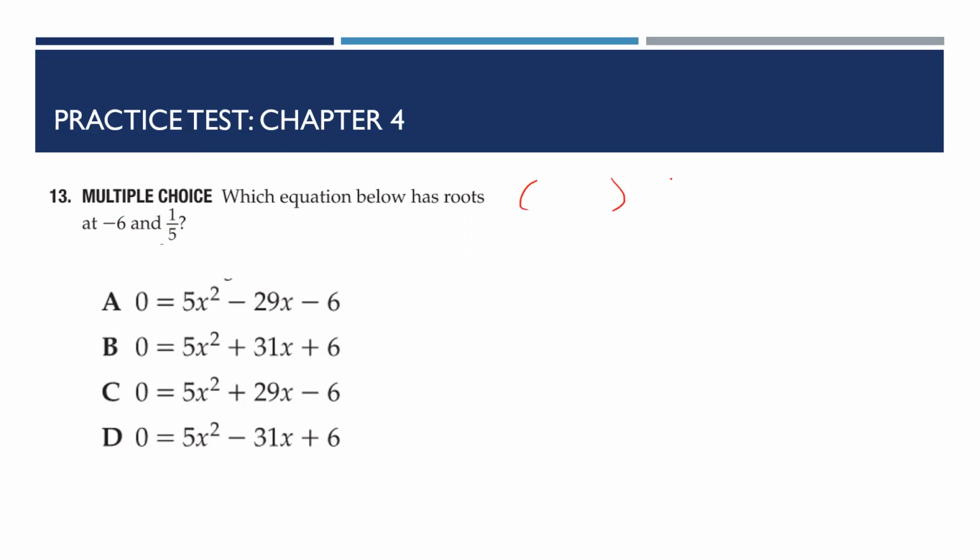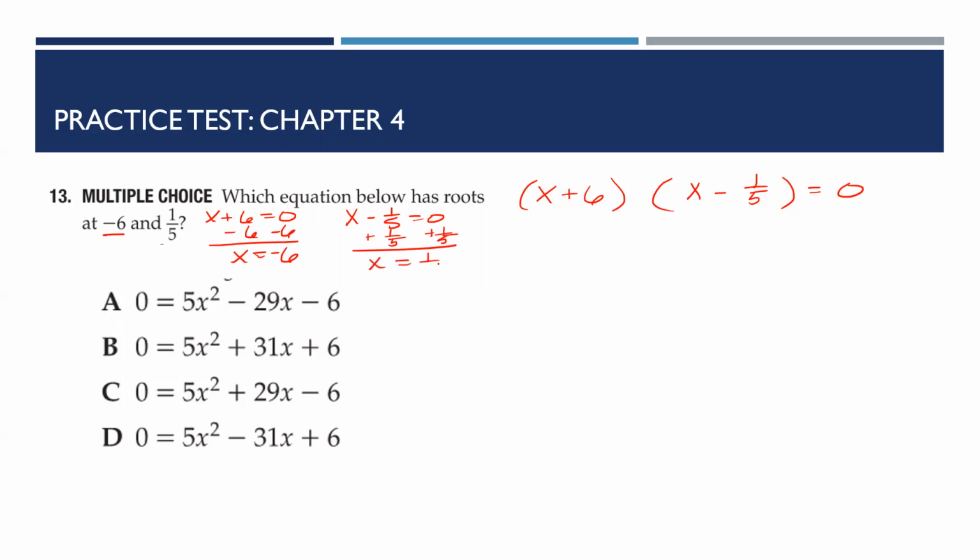So you end up with x plus 6 and x minus 1/5. And this is equal to 0 because when you set x plus 6 equal to 0, you would subtract and you would get x equals negative 6, which is one of the roots. And when you set x minus 1/5 equal to 0, you would add 1/5 to both sides, and x would equal 1/5, which are these roots that it's asking about.